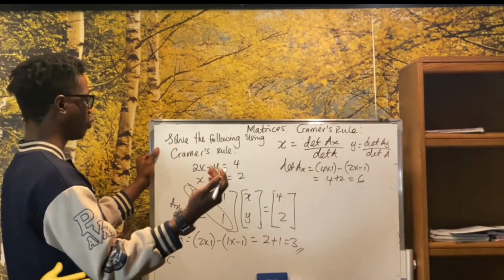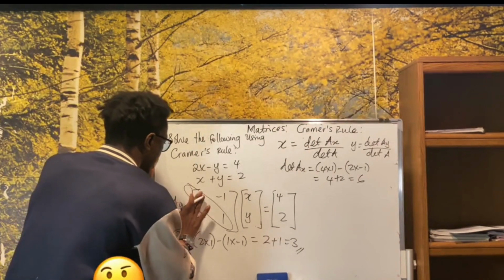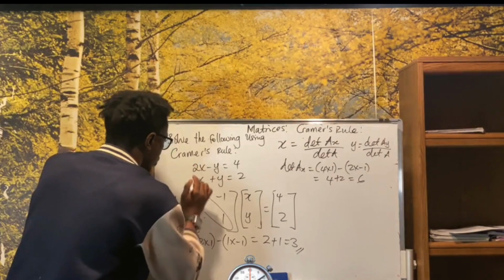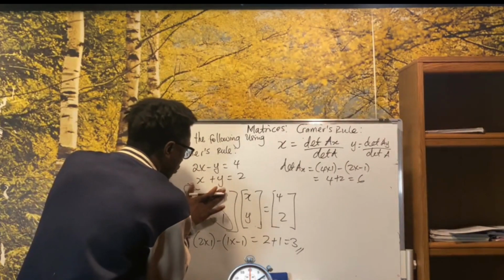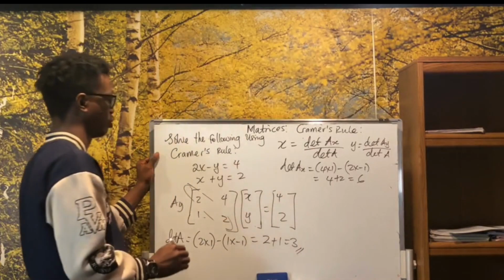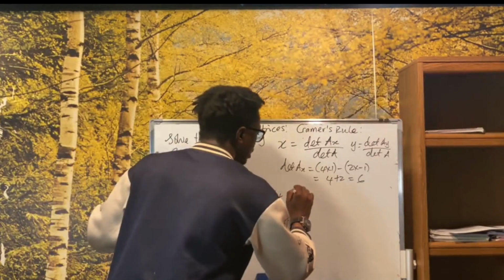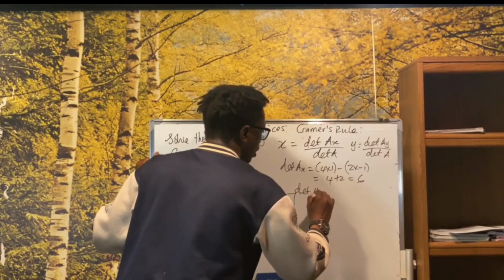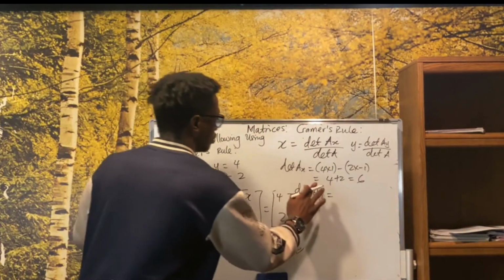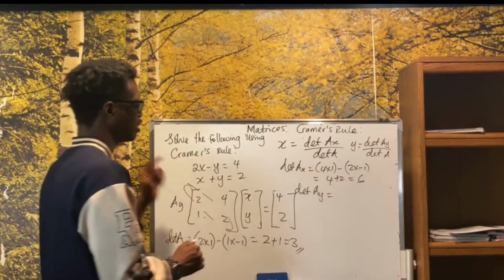Next thing, because you need y, I will replace this one, it becomes Ay, and because of that, I will still maintain this one, which is 2, and this was 1. I'm replacing this now with 4 and 2. Okay, you do the same thing. So now the determinant of Ay is equal to, you multiply this by this.